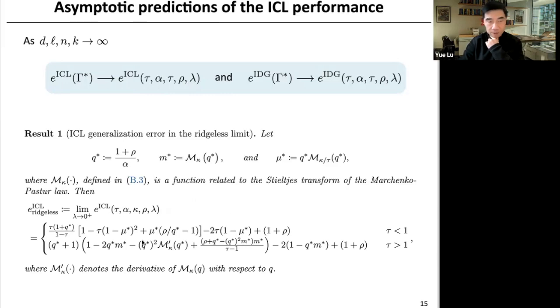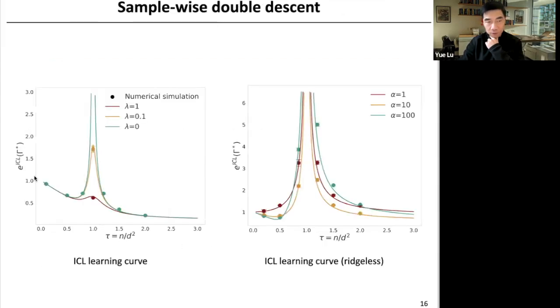Now, the actual form of these deterministic limits is too complicated, so let me just show you some numerical results. Here, the figure on the left shows the generalization error for the ICL task as a function of the sample complexity. The horizontal axis is the number of training samples divided by dimension squared.